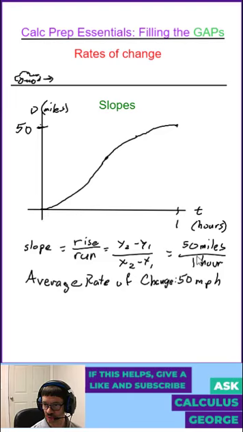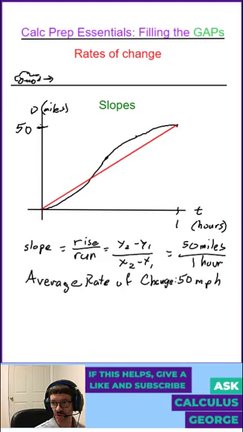So this slope that we just did, 50 miles over 1 hour, we were looking at the slope actually from the origin to this point here. We're starting at a position of 0 and a time of 0, so this point right here would be 0, 0.